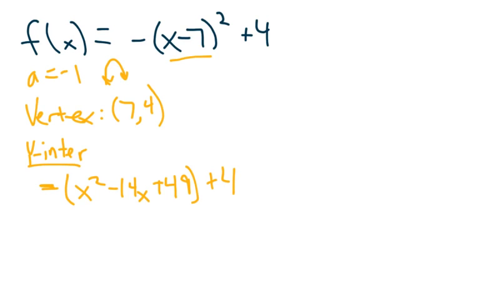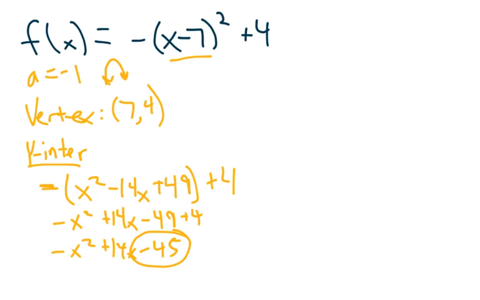So now I'll distribute the negative sign: negative x squared plus 14x minus 49 plus 4, so negative x squared plus 14x, and then that'd be negative 45. I now know my y-intercept is at (0, -45) because I've expanded it out and I had to find out what c was.